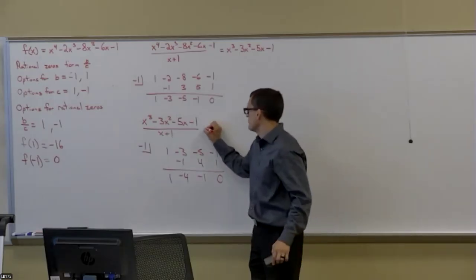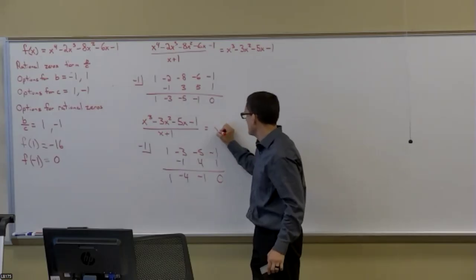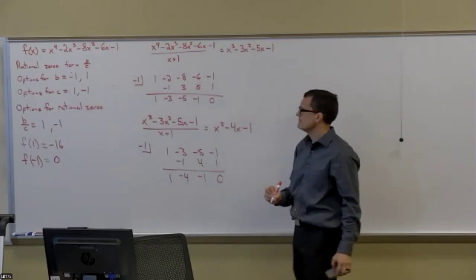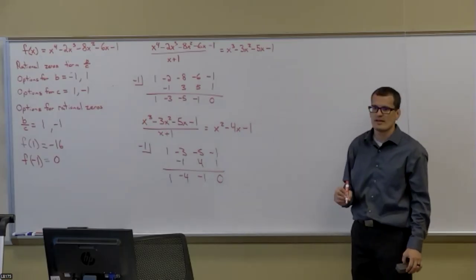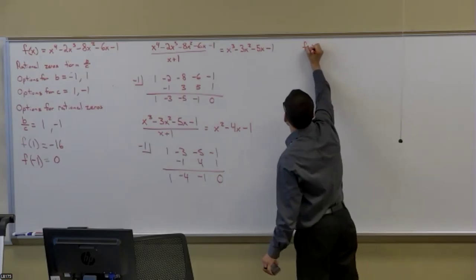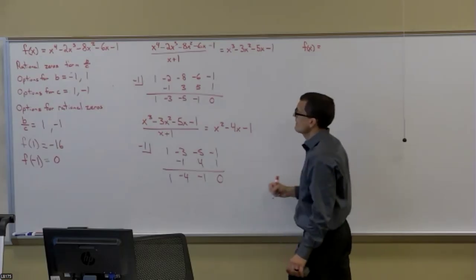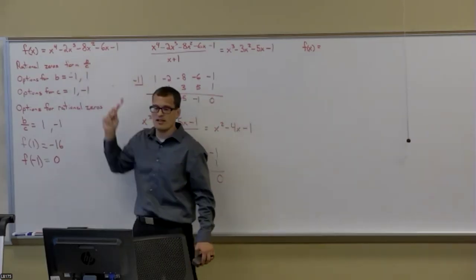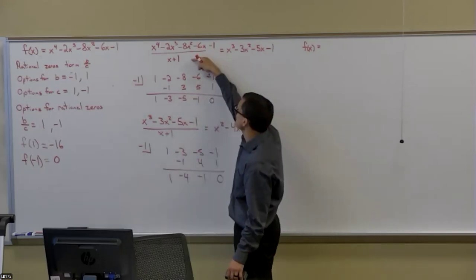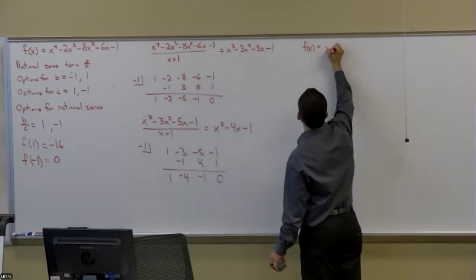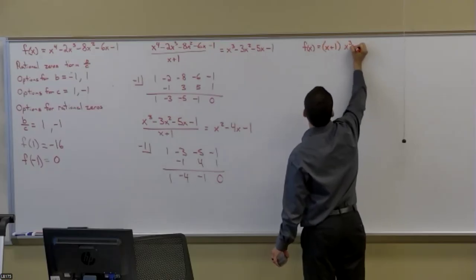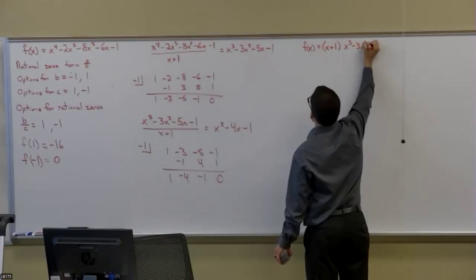So that means when I divide that by x plus 1, I get x squared minus 4x minus 1. So let's think about what my function started out as, this fourth degree polynomial. After I did my first division, I knew it was going to look like x plus 1 times this third degree polynomial.